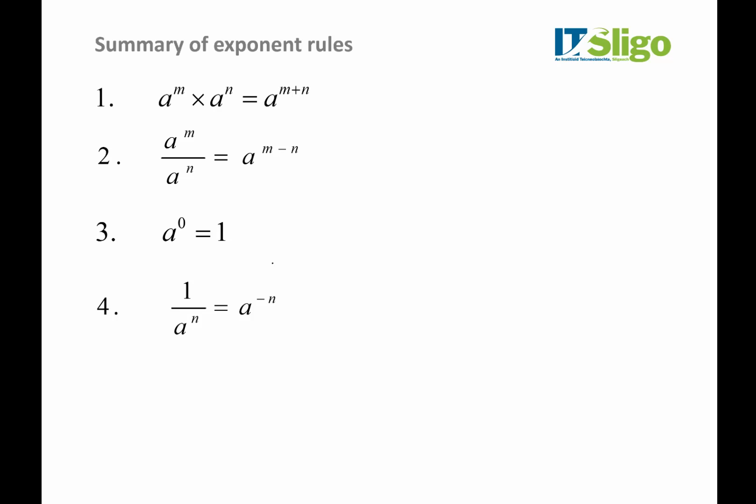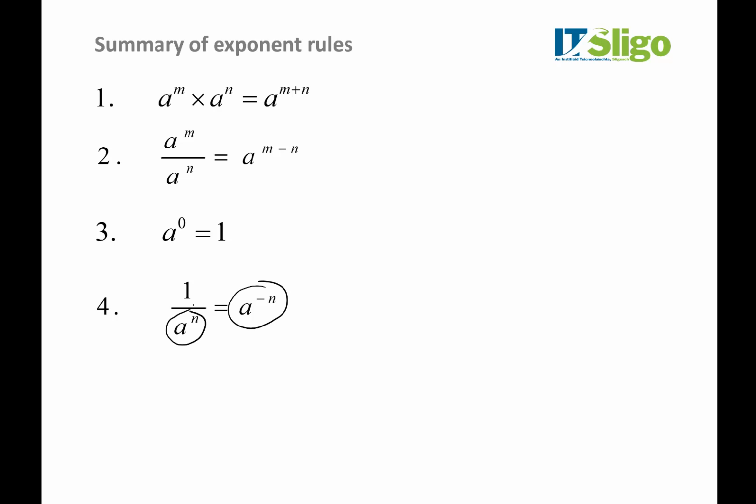I always consider this to be the rule that applies to scientists most. Engineers use it a lot, but scientists definitely use this the most. If a power lives below the line, it can be written in a normal fashion, but with a minus on the power.